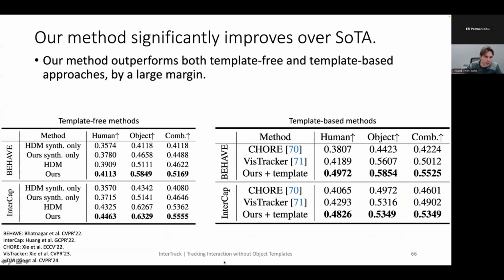Right, so maybe that's too many numbers to consume now, but we evaluate this numerically in terms of chamfer distance on the object and the human. Our model is better than the CVPR work, which is single frame, and it even outperforms models that use templates, like CORE and BEHAVE tracker.